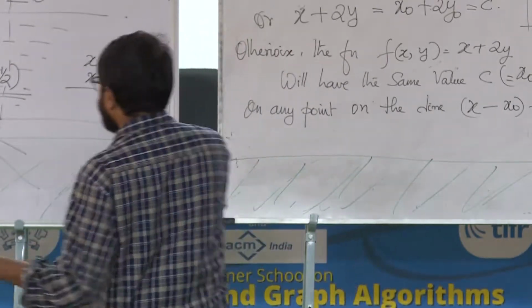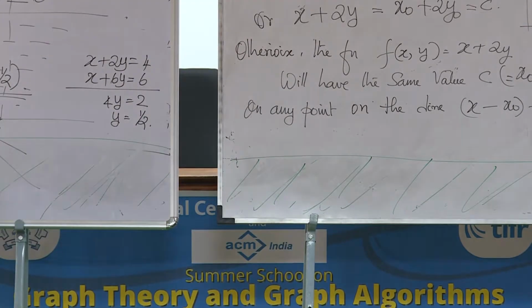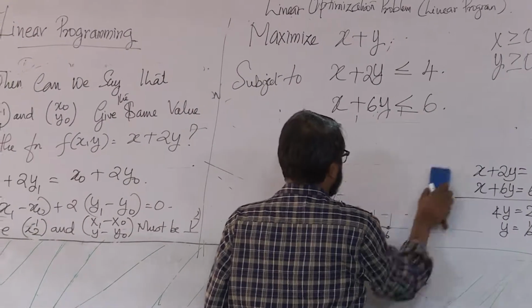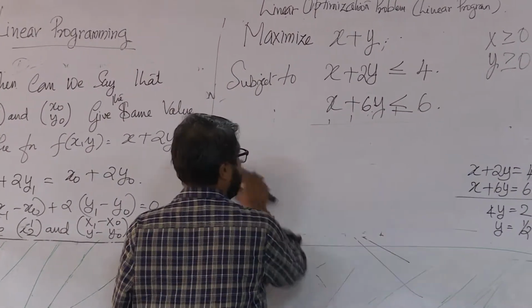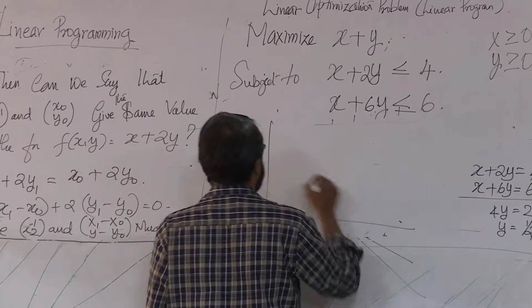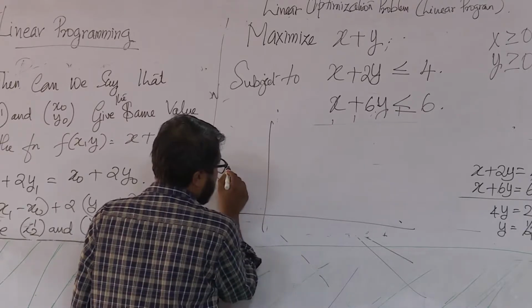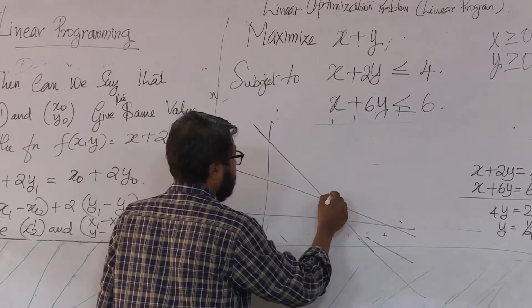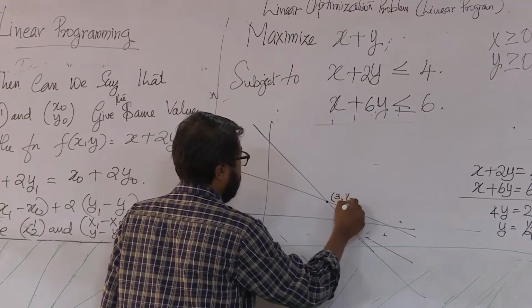Now let's zoom this picture and think of it something like this. There is a point 3, 1 by 2. Here you have two constraints, one constraint running like this and another constraint running like this, right? And this point is 3, 1 by 2. What was this point?